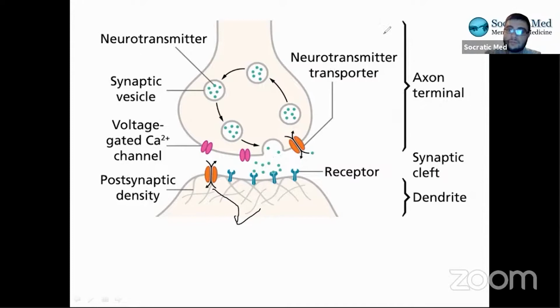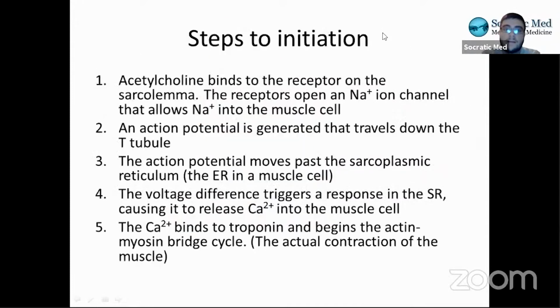Okay, moving on. So steps of initiation: once the action potential reaches the sarcolemma, what happens next, right? So again, acetylcholine, the green molecule, binds to the receptor on the sarcolemma. The receptor opens a sodium ion channel that allows sodium into the muscle cell, into the muscle fiber as well.